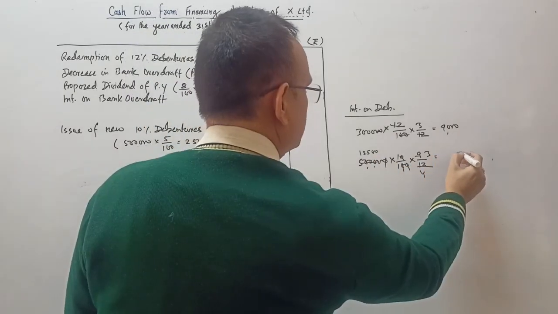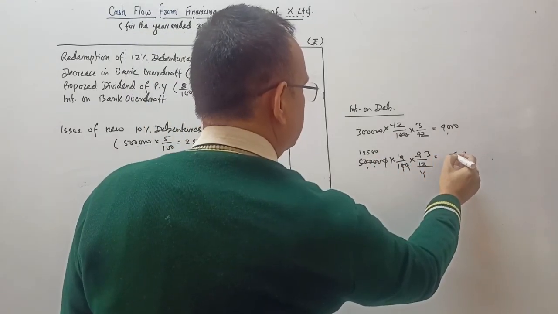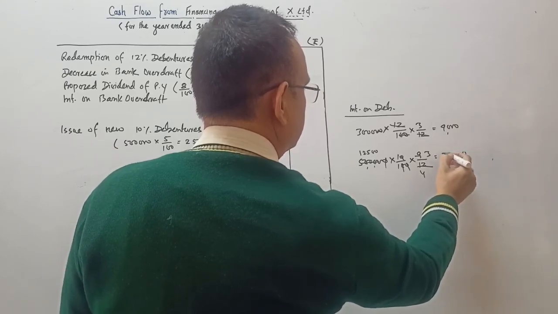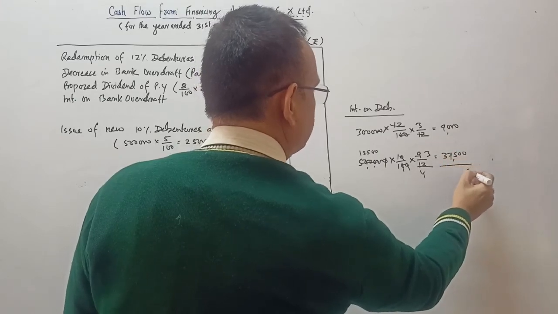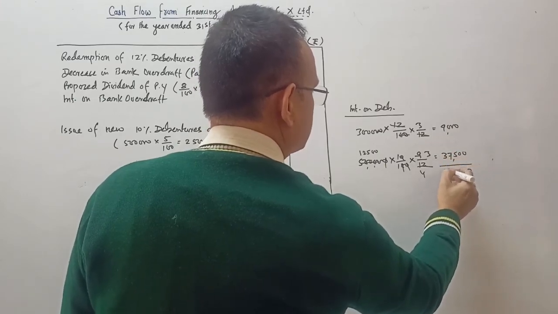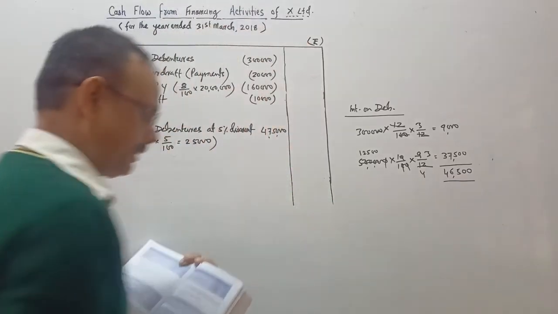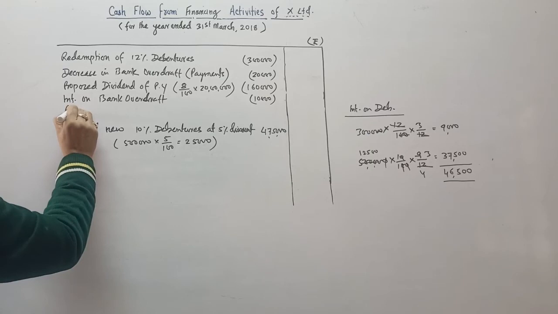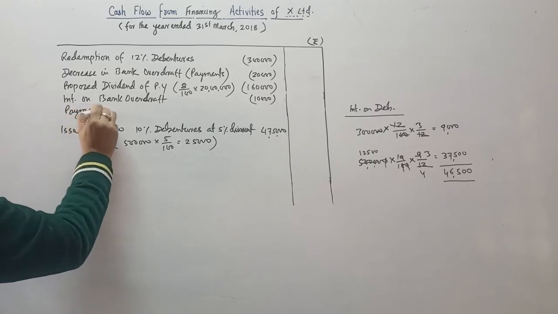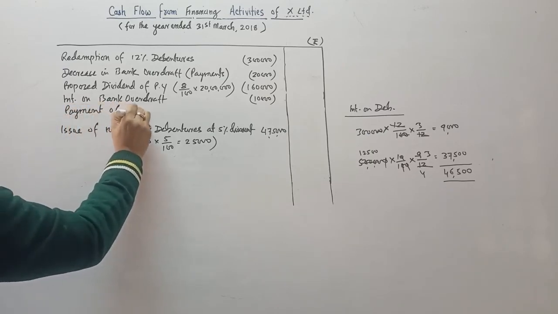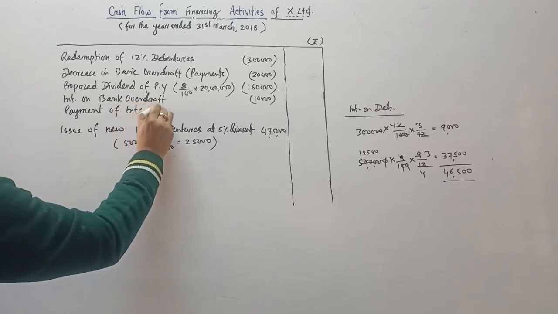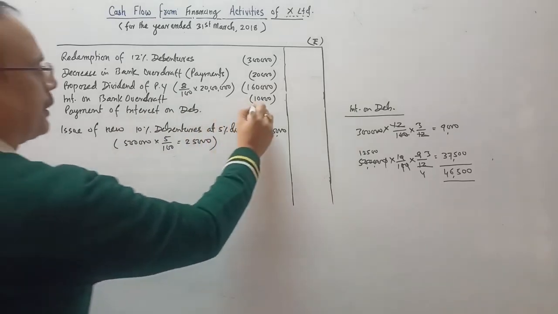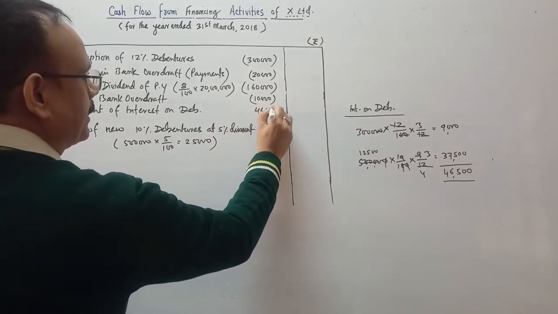So it is 37,500. So total is 46,500. So payment of interest on debenture is 46,500.